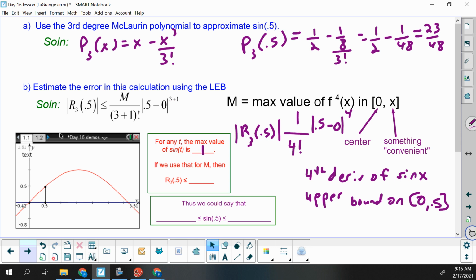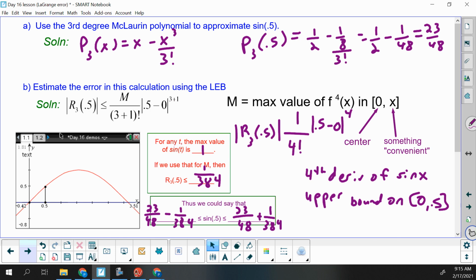So if we sub this in, we're going to have a half to the 4th, which would give us a 16th. And then dividing by 4 factorial would give us 1 over 384. So that means we know sine of 0.5 is greater than or equal to our approximation that we had minus 1 over 384, and less than or equal to our approximation plus 1 over 384.